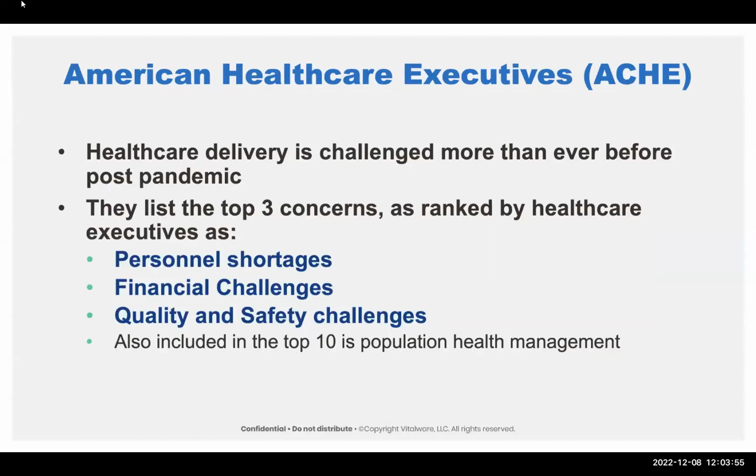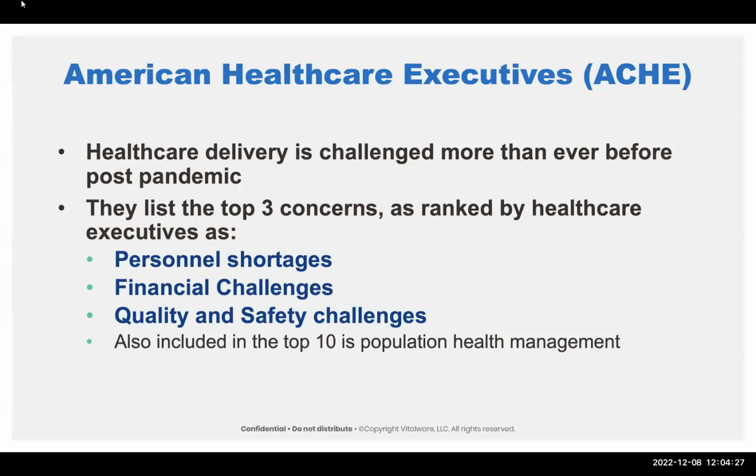When we look at the American healthcare executives, we look at what in 2023 are going to be the three top concerns, and they are personnel shortages due to burnout and people not signing up to go to school to replace the retiring people, financial challenges because the cost to perform services is greatly increased, and quality and safety challenges to make sure that the preventable issues don't happen.